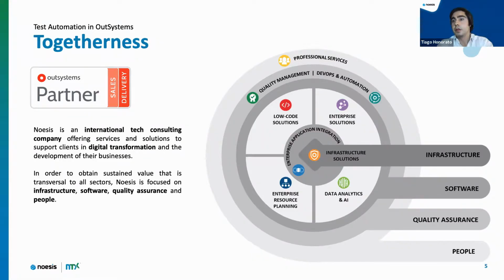We have development in SharePoint and in other programming languages, the part of the infrastructure, data analytics and artificial intelligence, the enterprise resource planning team, and of course, our company is focused on the people. So they are the base for this to be a success.